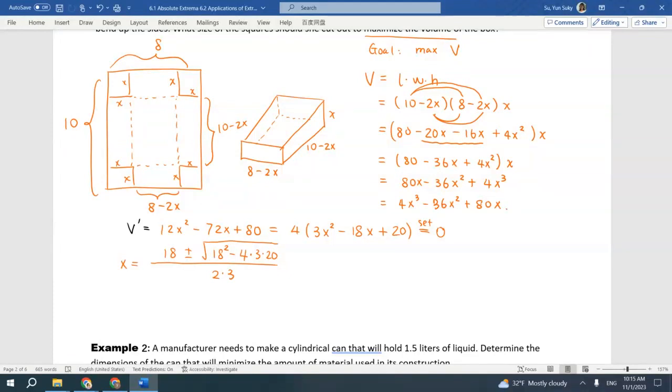Okay, everybody, plot this in your calculator. What do you get?